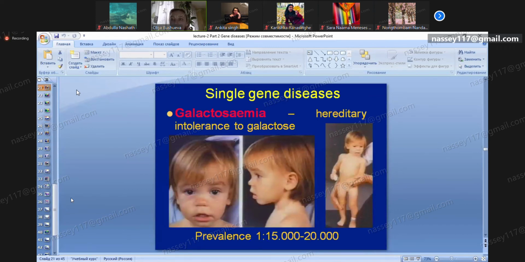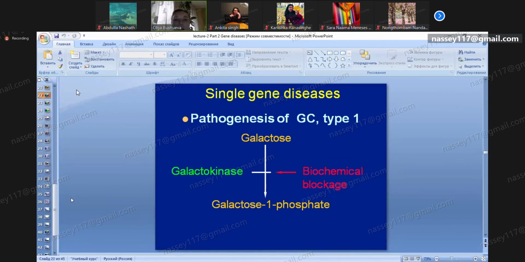The prevalence of this disorder is around 1 in 15,000 to 1 in 20,000. We know different types of galactosemia depending on mutation in different genes.